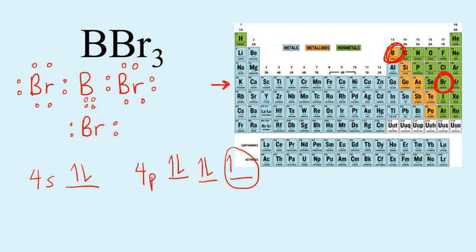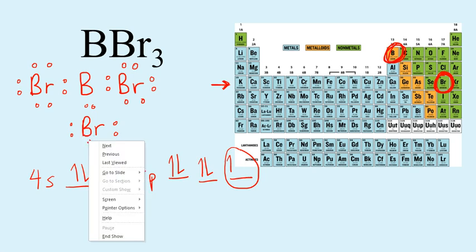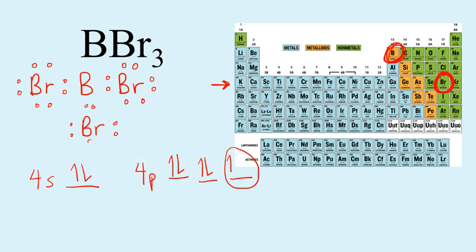And so we're going to have to put those 2 electrons back where they came from. So I'm going to put these 2 electrons right back where they were originally, down here. And as it turns out, that's just where they're going to have to stay.